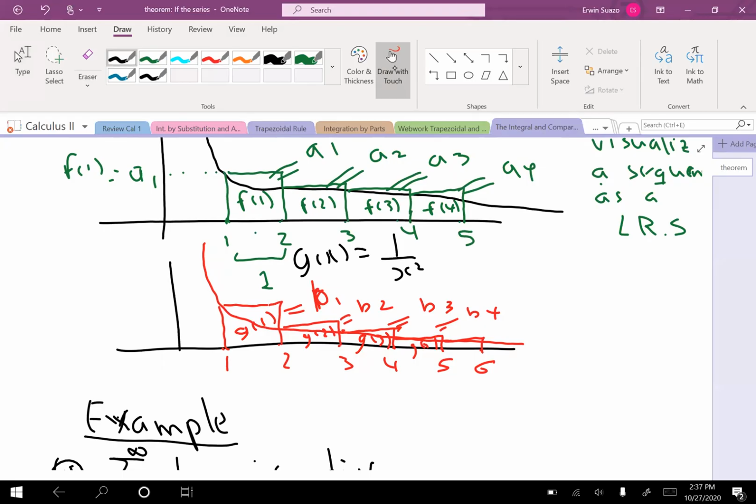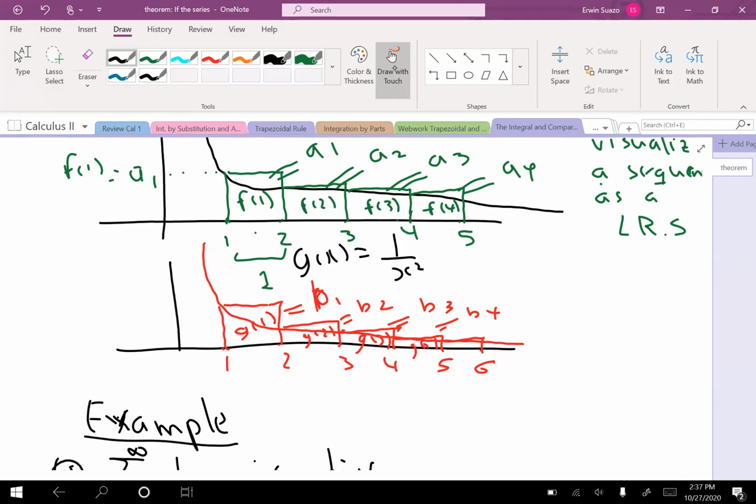We could also use, instead of left, the right Riemann sum, or right-hand Riemann sum, like I call it. And you'll see that the rectangles are below the integral.